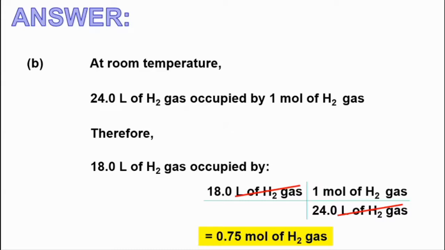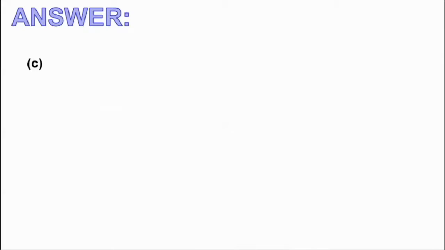Okay, so this is the mole of hydrogen gas produced, or released, in the reaction. Right. Next, question C. In question C, we are going to use the balanced equation from question A just now.